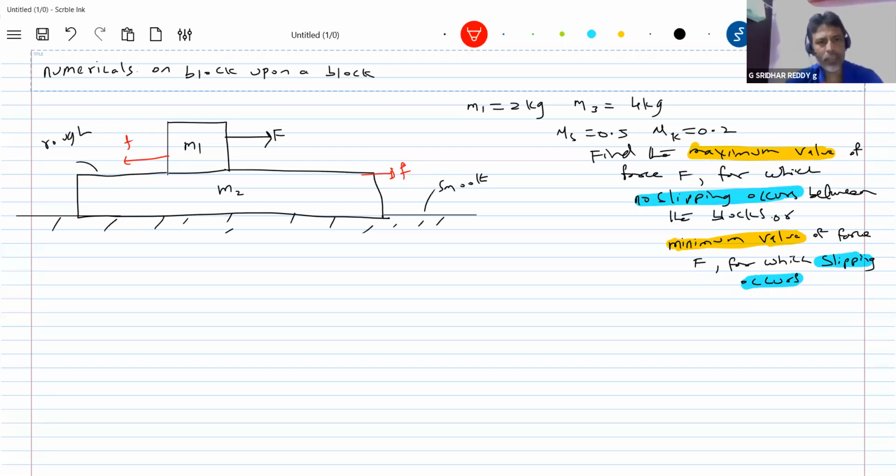Getting this? So this will be for no slipping. For no slipping, what should I do? I'll give one more diagram.